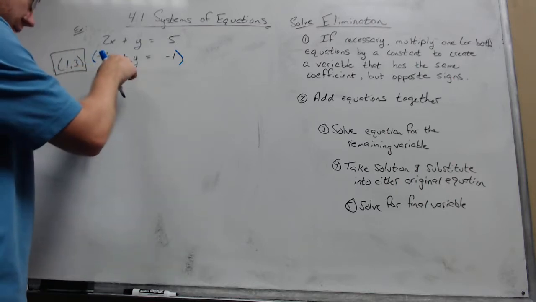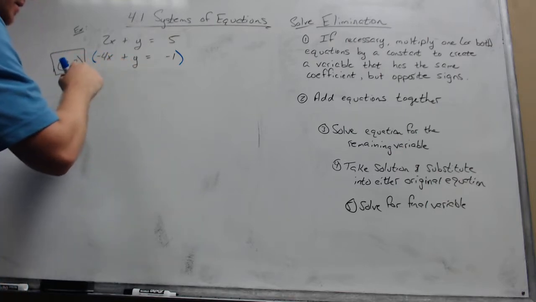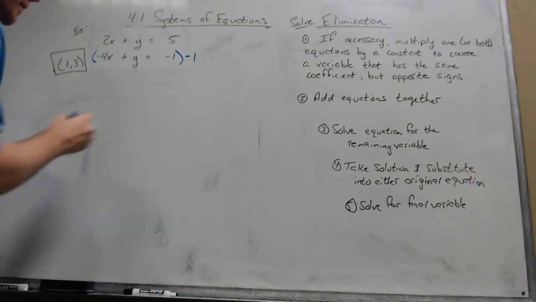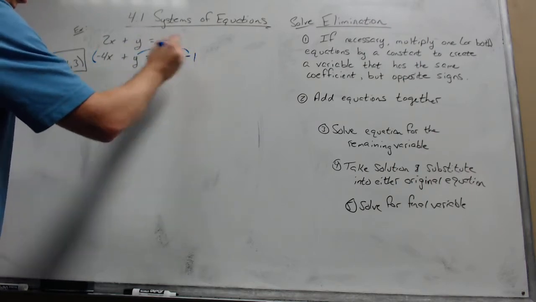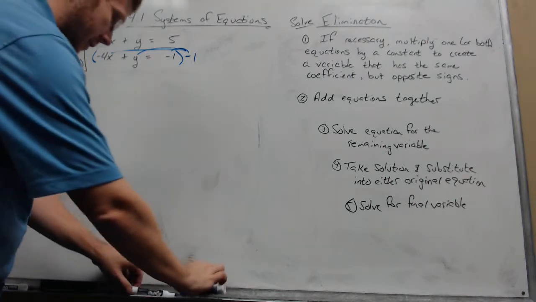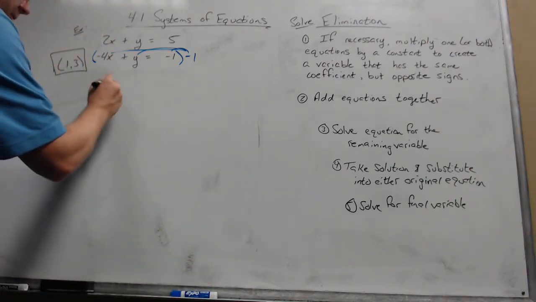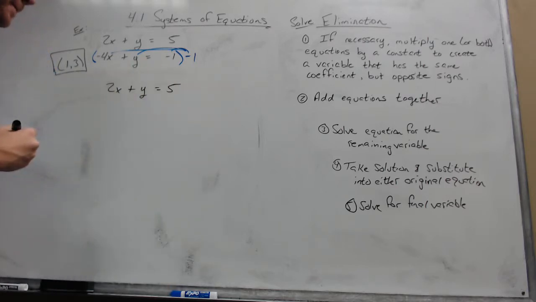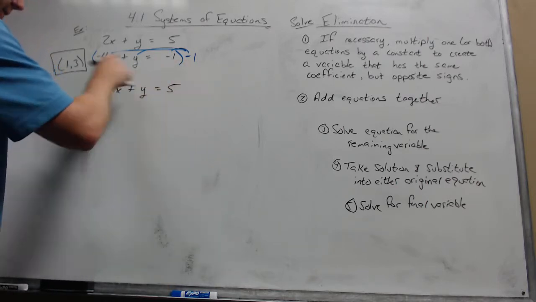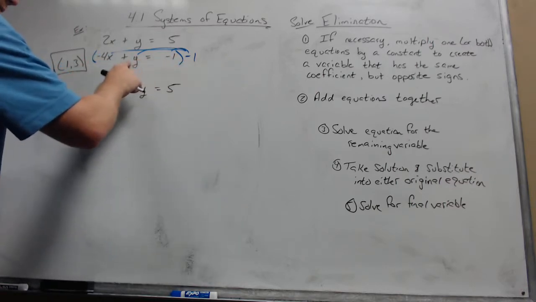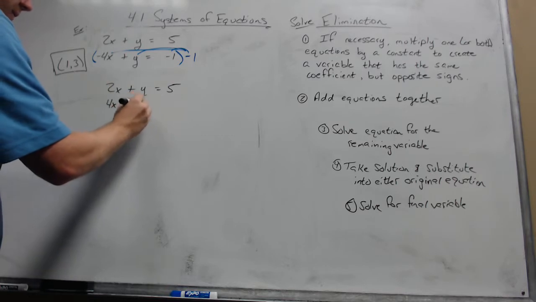So if I want this coefficient to be a negative instead of positive, we can multiply this whole equation by negative 1. I'm going to multiply negative 1, negative 1, negative 1. And we can rewrite the 2 equations: 2x plus y equals 5. Negative times negative will be positive 4x. Negative times positive would be negative y.